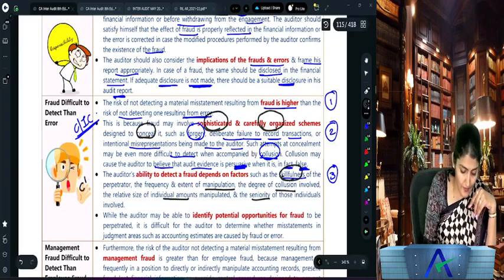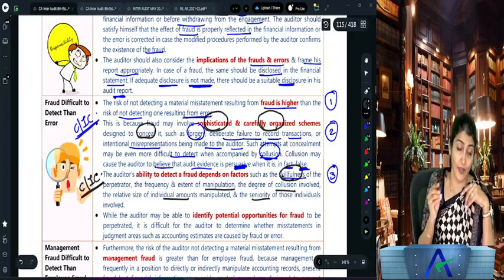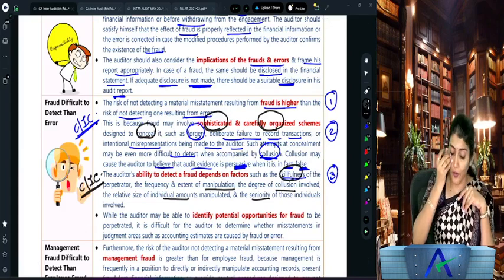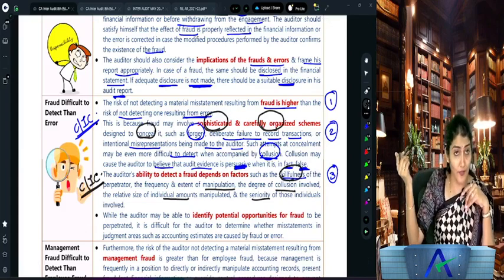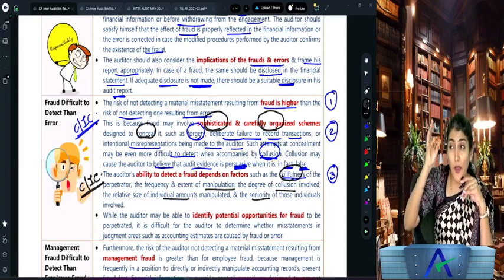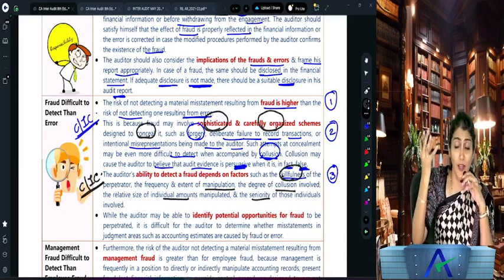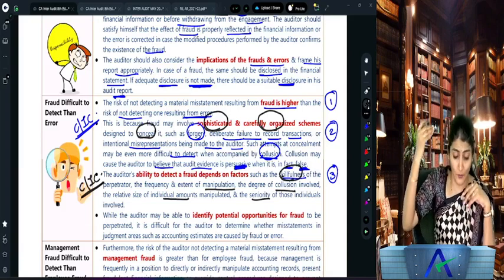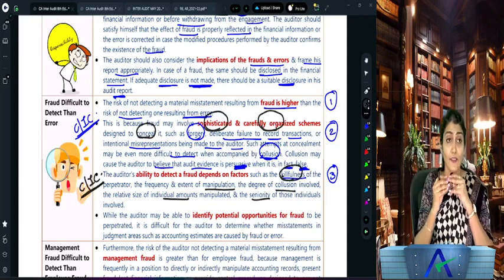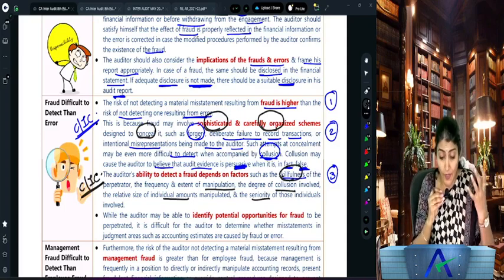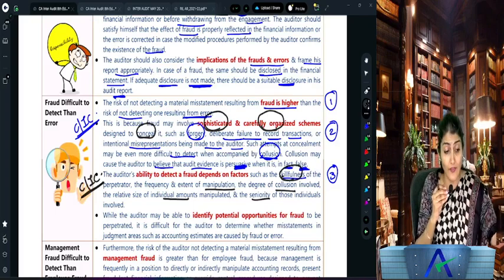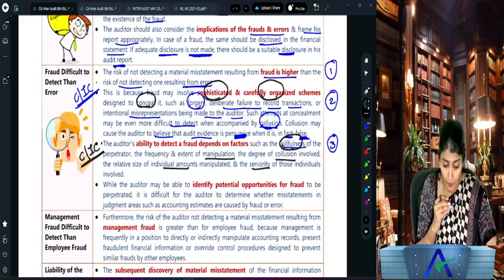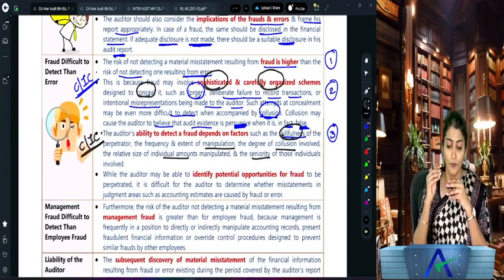Right, so again, can this be a correct-incorrect question? Yes. The ability of the auditor to detect fraud depends upon the skillfulness, that is, how carefully the fraud was done, that nobody could find out how it was done. Then the frequency and extent of the manipulation, then how much was the collusion, then the size of the individual amounts manipulated, and the seniority of the individuals.